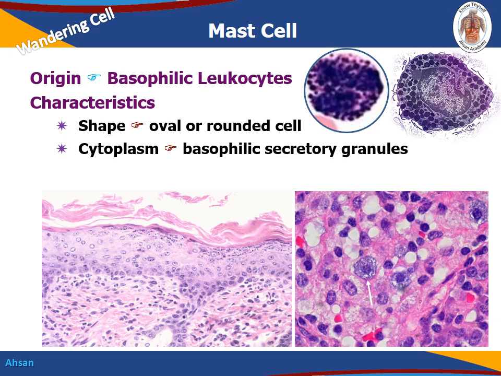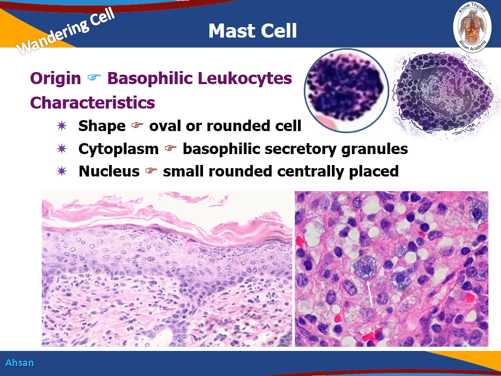You can see the high power figure. The nucleus is small, rounded, and usually occupies the central part of the cell. Here also you can see the mast cell in the microscopic figures below.